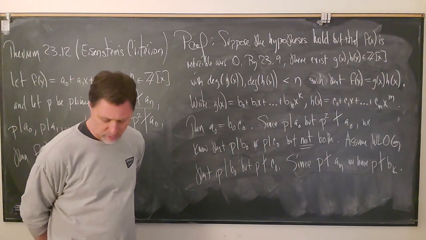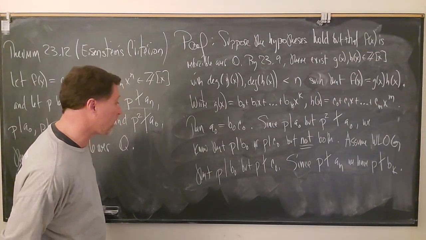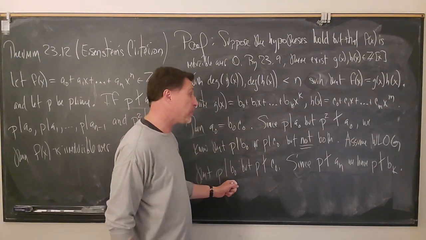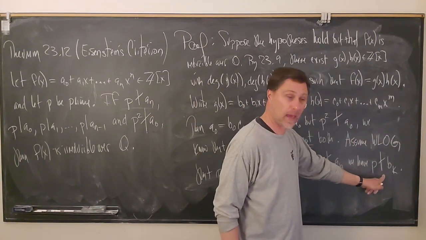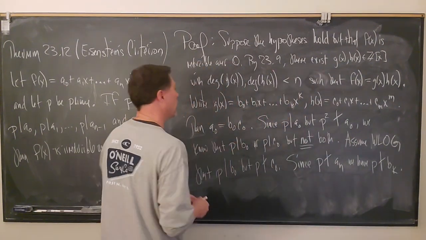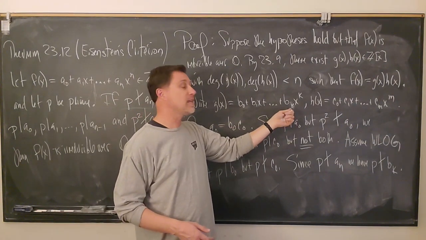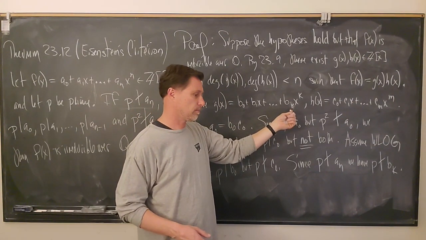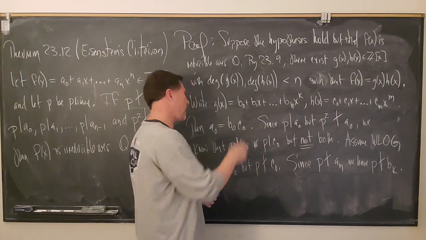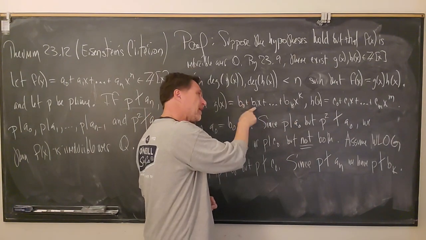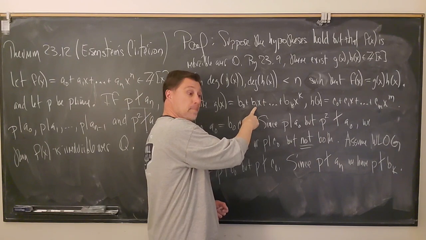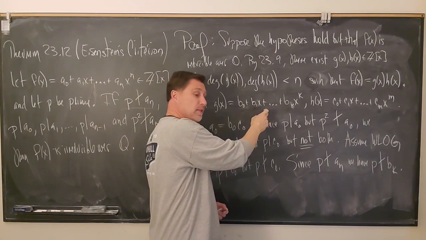All right, so now what do we know? We know that p divides b0. p does not divide b sub k. So if you look at this polynomial, p divides the 0th coefficient, and does not divide the kth coefficient. Maybe p divides b1, maybe it doesn't. Maybe it divides b2, maybe it doesn't.